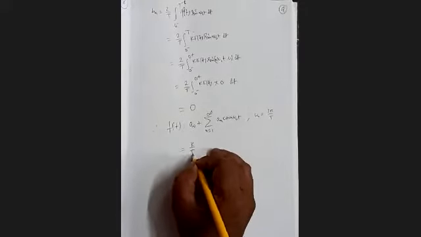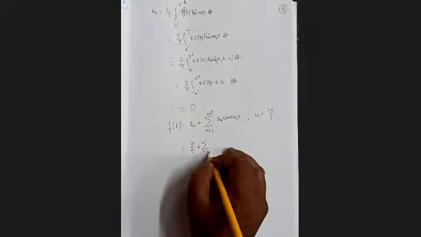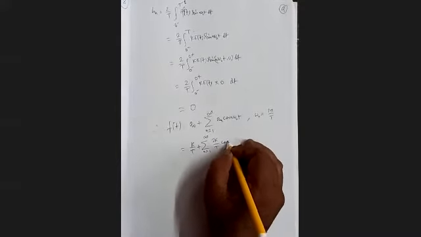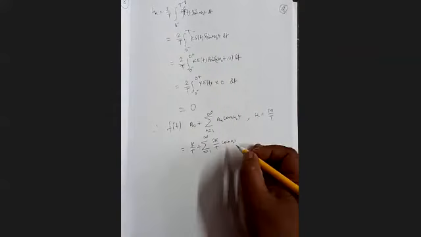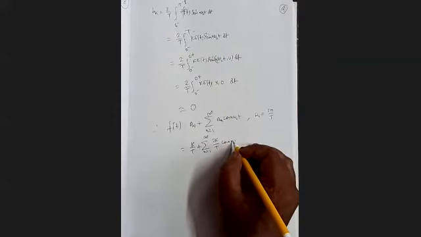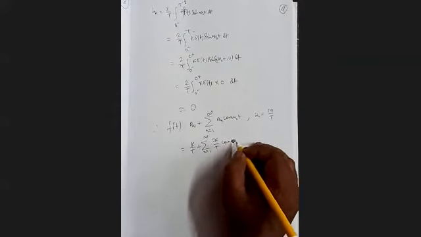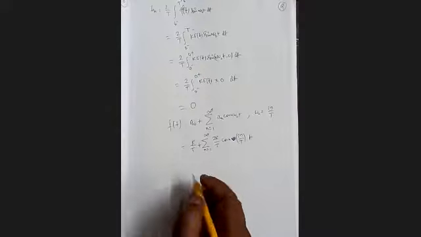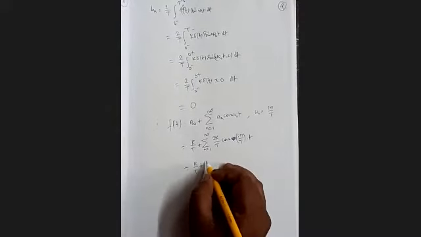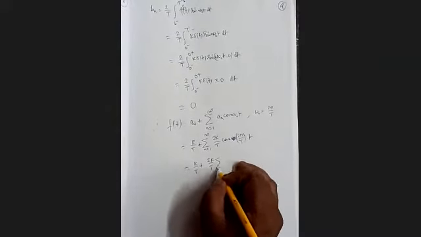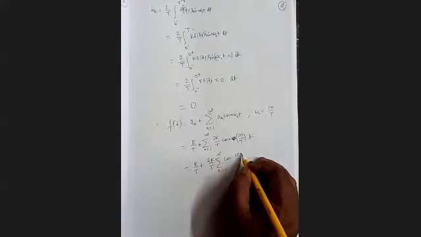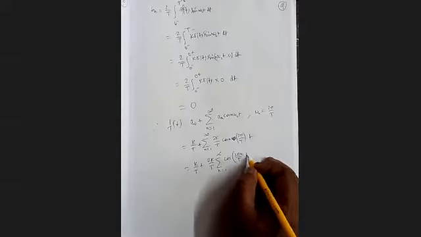So k by T plus summation 2k by T cos n omega 0 t, or cos n 2 pi by T into t. You can take k by T outside: cos 2 pi n by capital T into t.